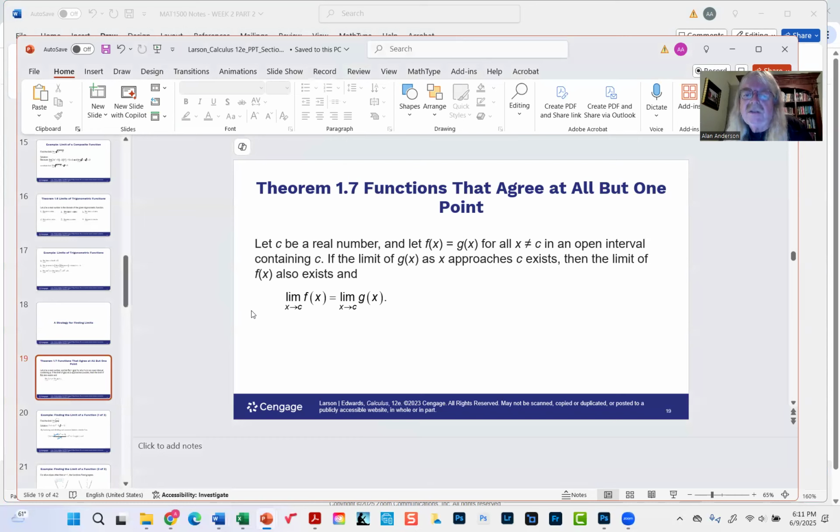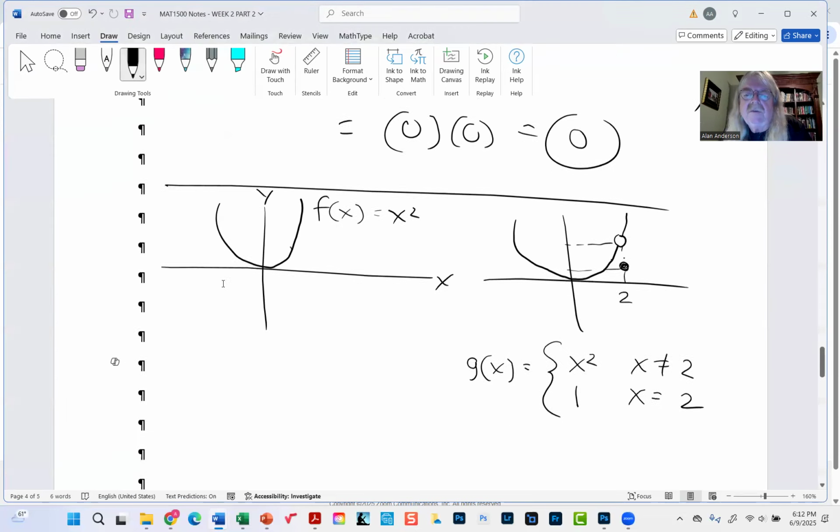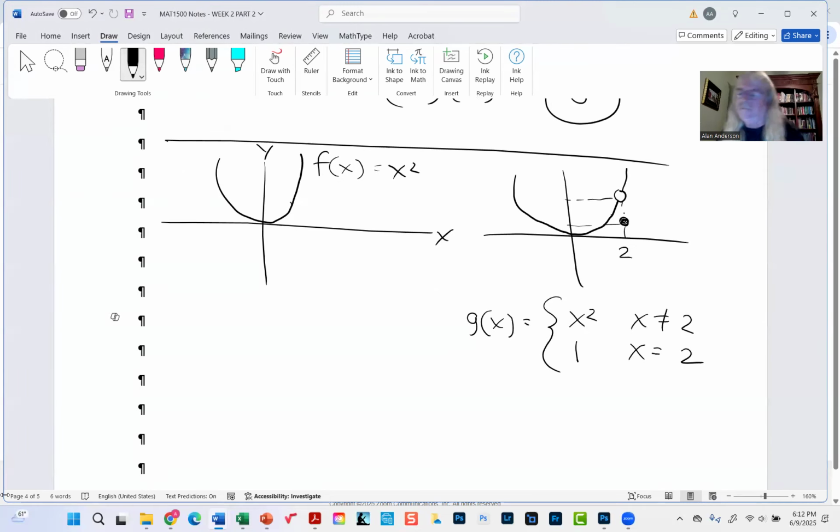Then what they're telling us is that the two limits are the same at that point. Okay, whatever that point is.